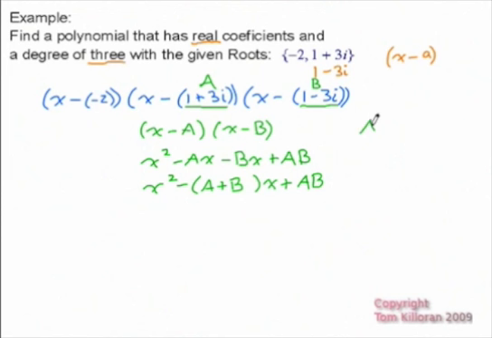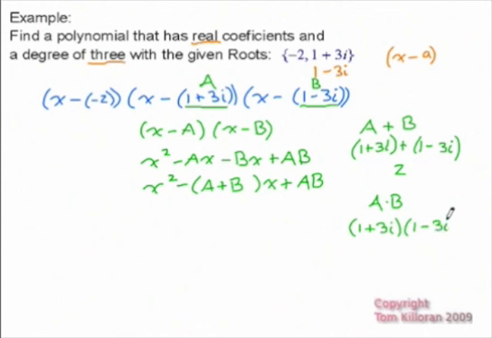So first off, let's find a plus b. a is 1 plus 3i, b is 1 minus 3i. If you add those together, the 3i's are just going to cancel, and you're just going to be left with 1 plus 1, better known as 2. Then if we do a times b, it would be 1 plus 3i times 1 minus 3i.